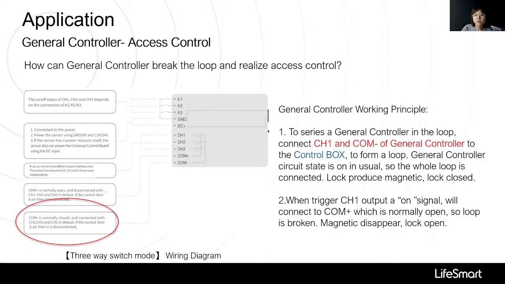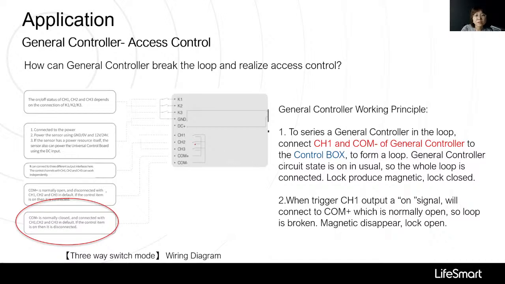To form a loop, the general controller status is on in normal, so the whole loop is connected, and the lock will produce the magnetic lock closed.